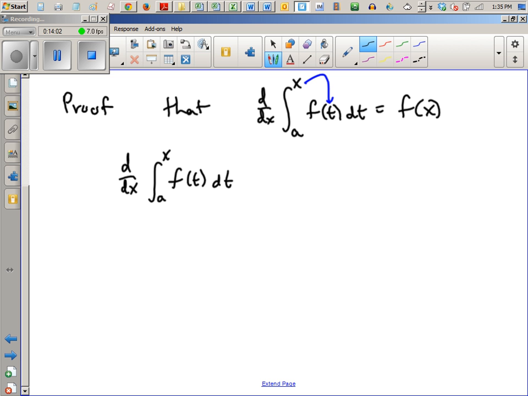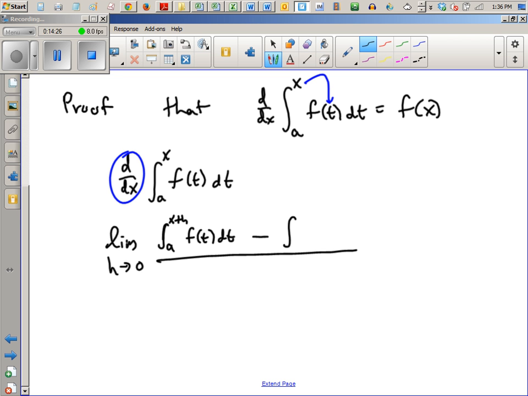Okay? All right, so this derivative right here just can be interpreted as the limit. Don't forget this proof, write it down. The limit as h goes to 0 of F of x plus h. So that would be the integral from a to x plus h, f of t dt, minus F of x, which is the integral from a to x, f of t dt, all over h.